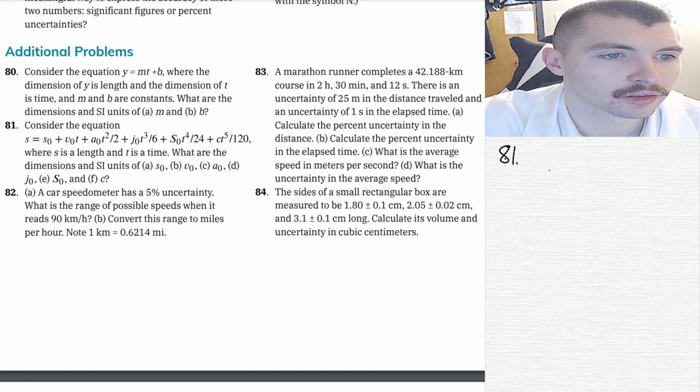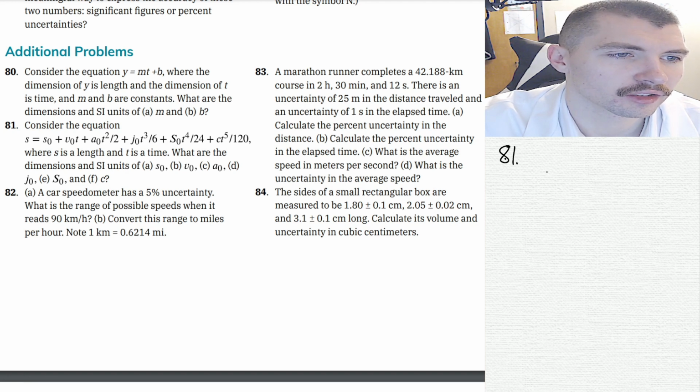Okay, so s naught will be a length dimension in meters. V naught will be a time dimension in seconds.